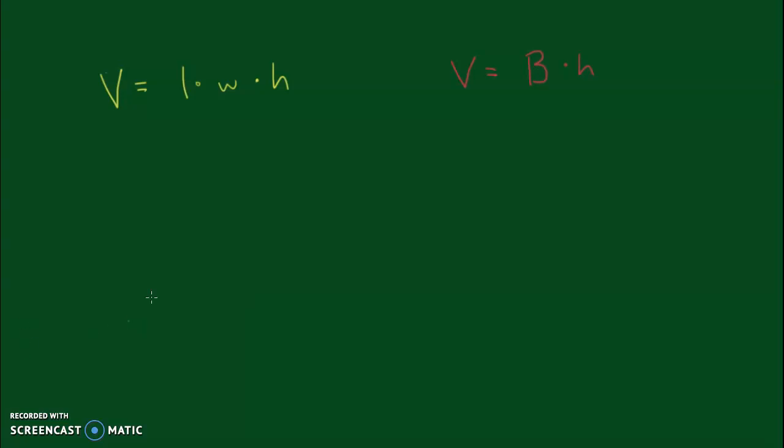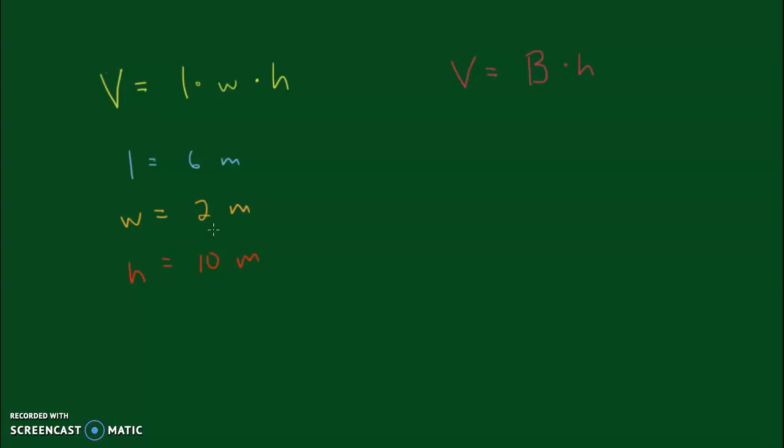So if we had a problem like this, if we had a length of 6 meters and a width of 2 meters, and then we had a height of 10 meters, what would the volume be?